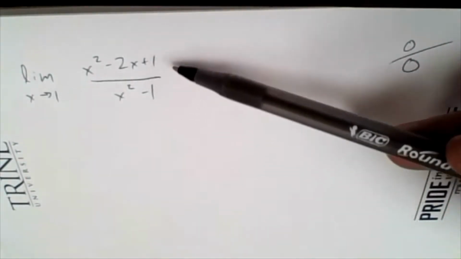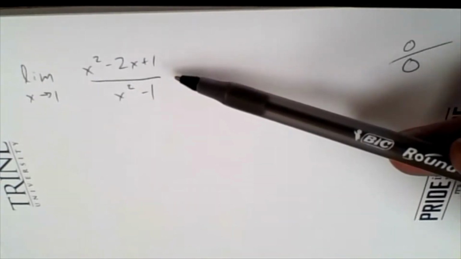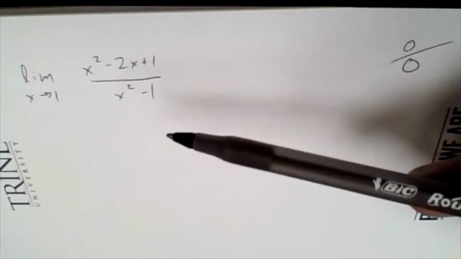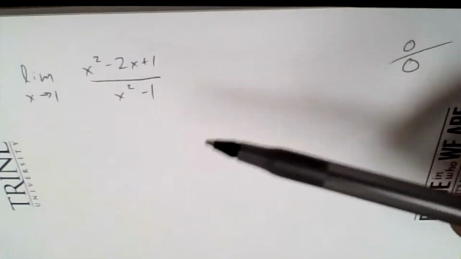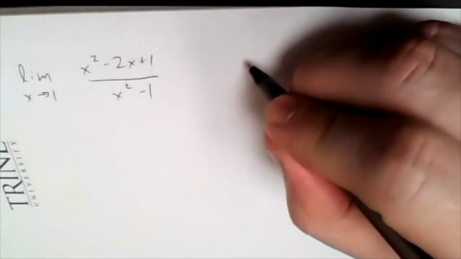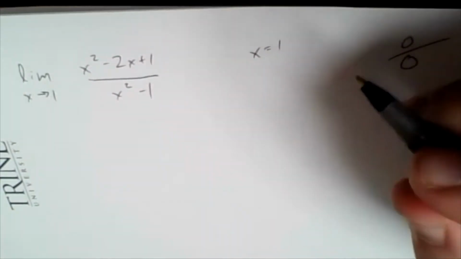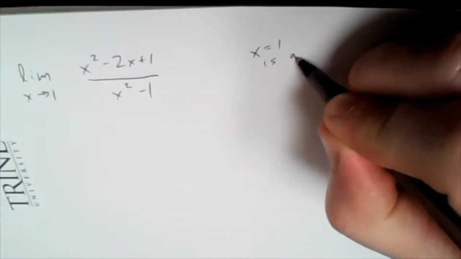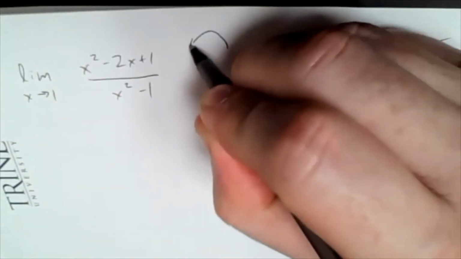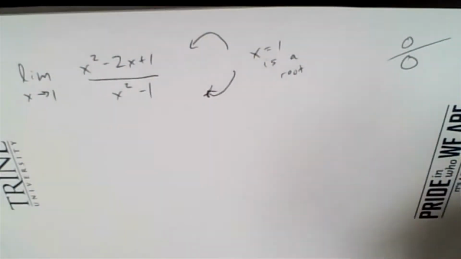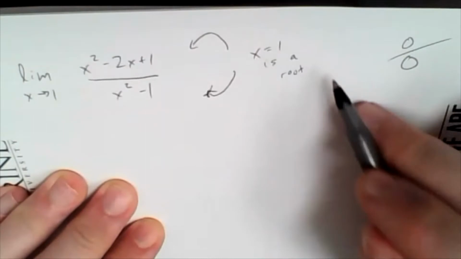Since both of these are polynomials, I now know that x equals 1 is a root of both the numerator and the denominator. So I should be able to factor out that root.